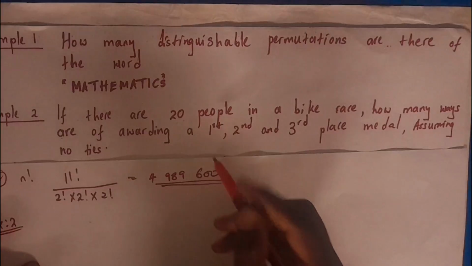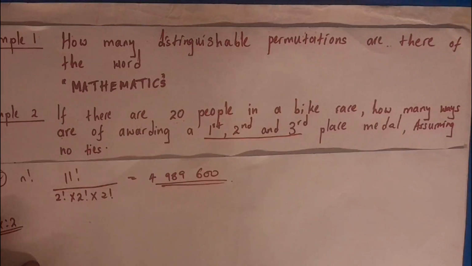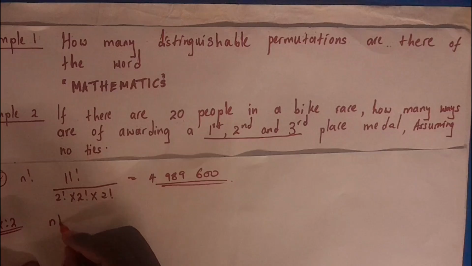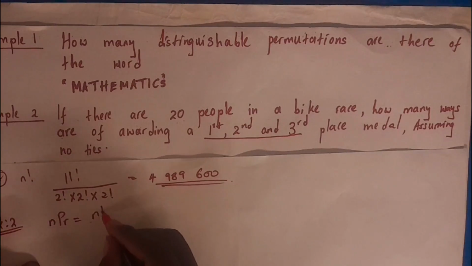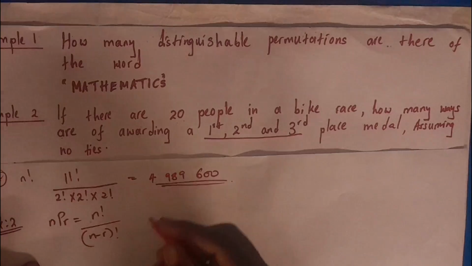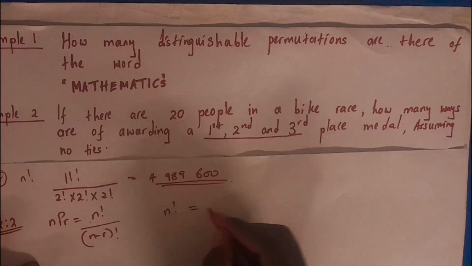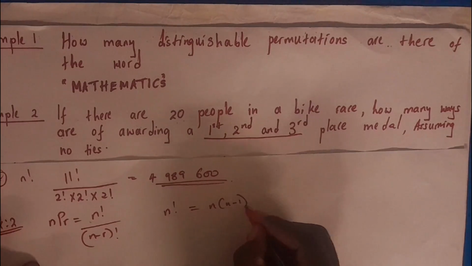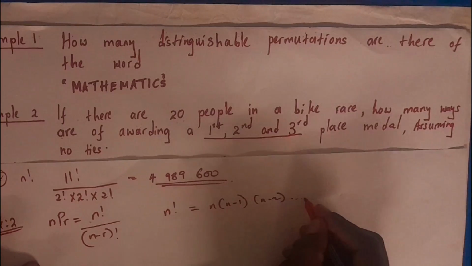But now we also have to know that permutations have two formulas. The first formula is nPr, which is equal to n factorial over n minus r factorial. And then the second formula is that of n factorial, which is equal to n times n minus 1, times n minus 2, and so on.